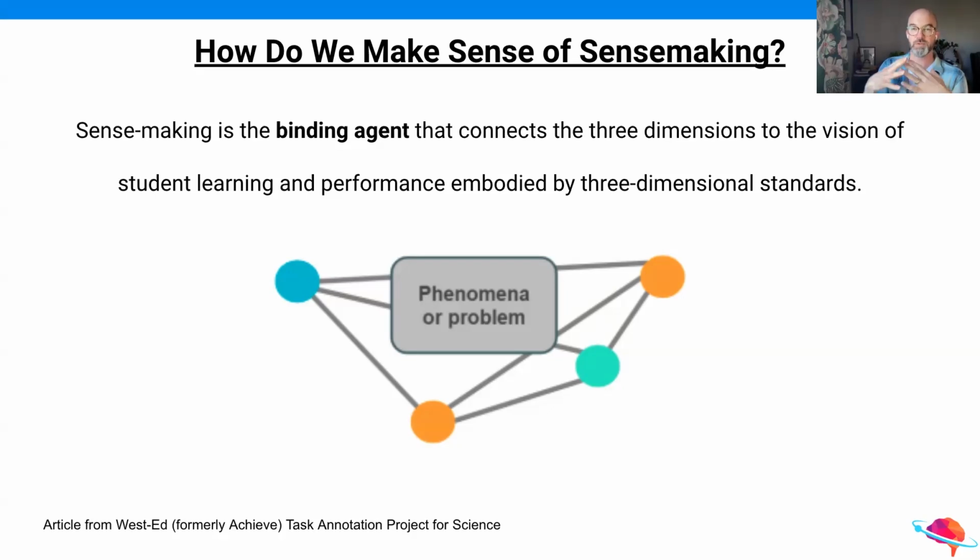We use phenomena to cement the connections between our SEPs, our DCIs, and our cross-cutting concepts, which is what the three-dimensional standards are looking to drive towards. All of this content is pulled from Achieve's task annotation project for science. All we're doing is summarizing that content to provide a clarified and specific way of thinking about this.